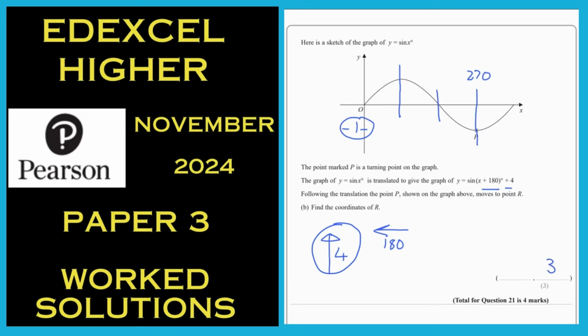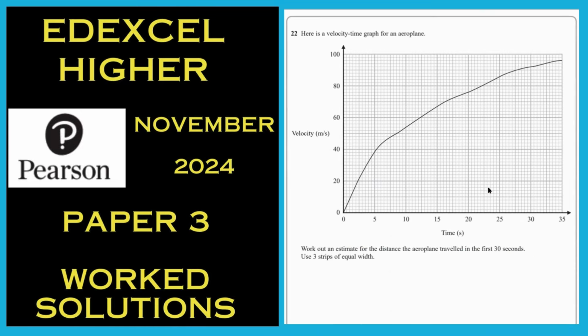Horizontally, if your position is 270 degrees to the right of the origin, you're moved left 180, you'll end up 90 degrees to the right of the origin.